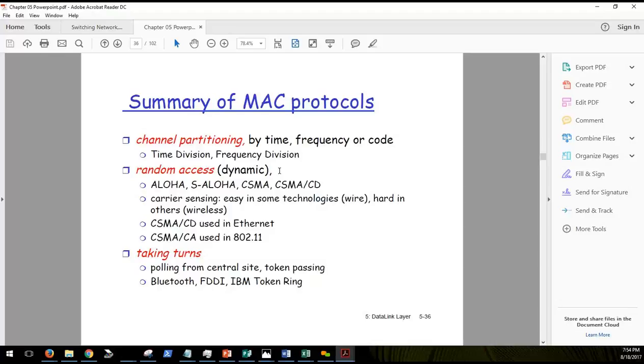802.11. No. When you make an Ethernet cable, what type of cable is used? You're not going to be able to do a Google search on this stuff when you're in class, okay?